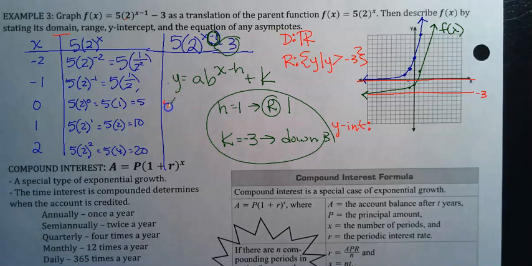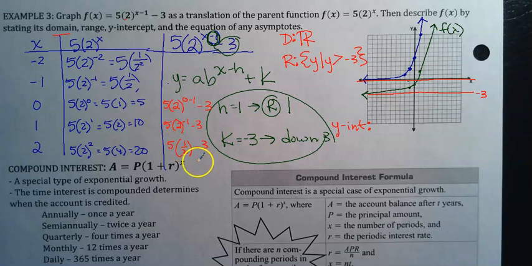So we would have 5 times 2 to the x, so the 0 minus 1 minus 3 power. So 5 times 2 to the negative 1 minus 3. So 5 times 1 half minus 3.